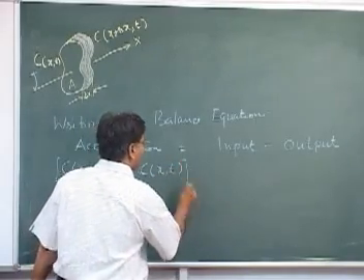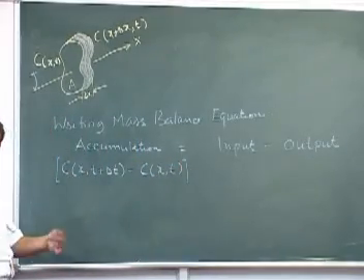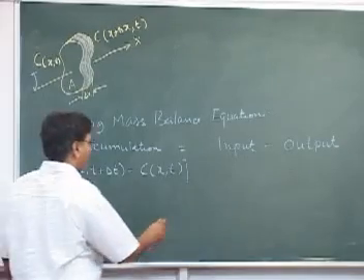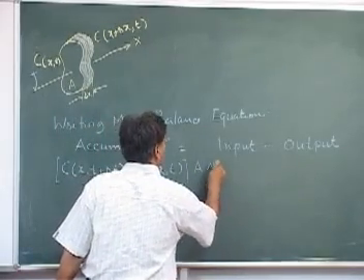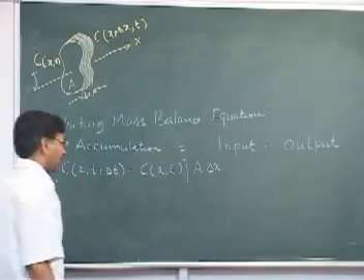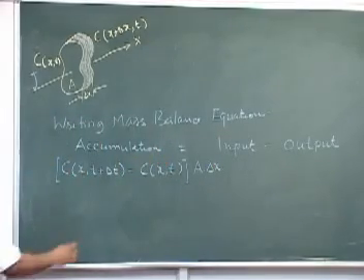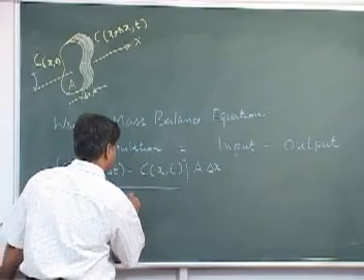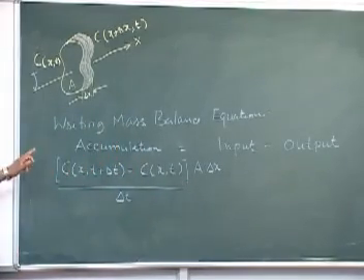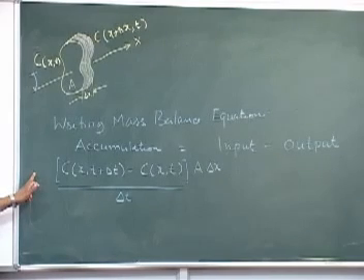I must convert this into mass per time, so I multiply by area times delta x, and divide by time delta t. That is the accumulation part.